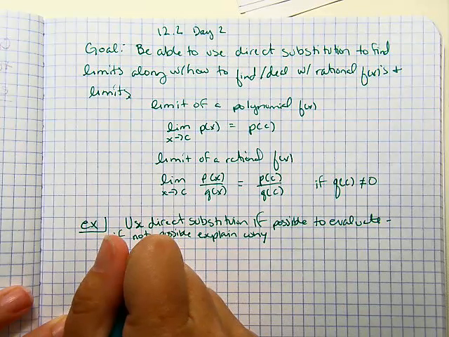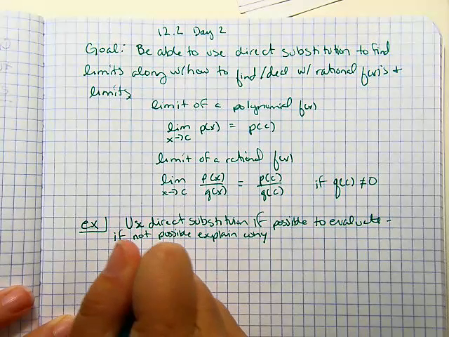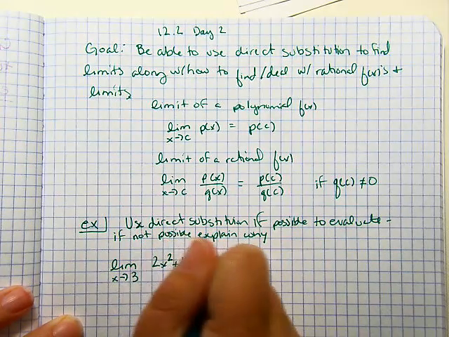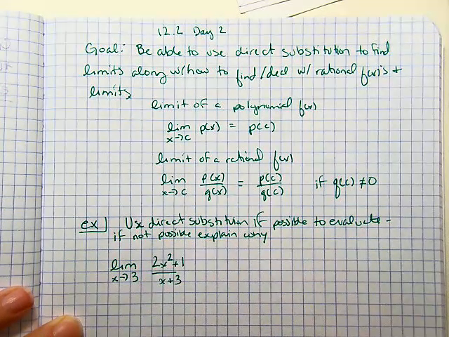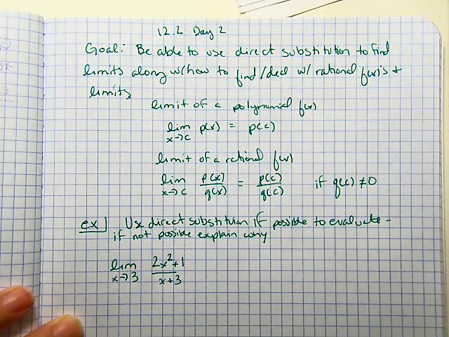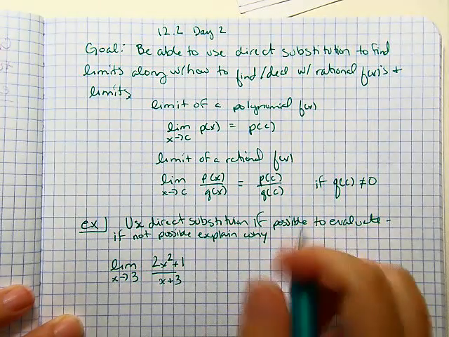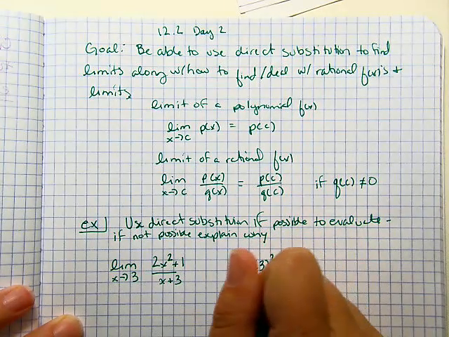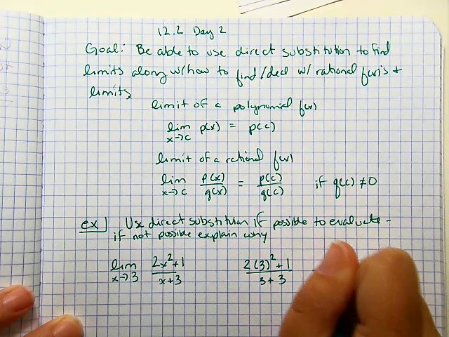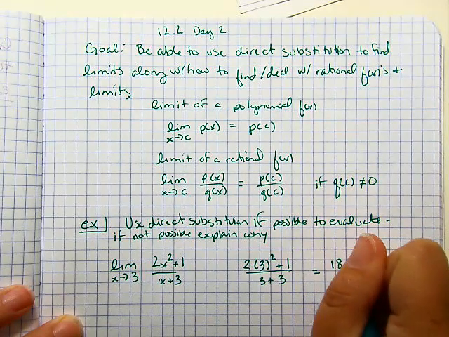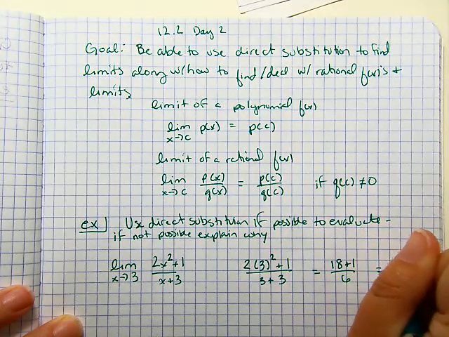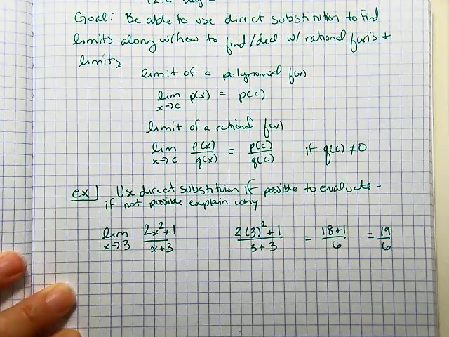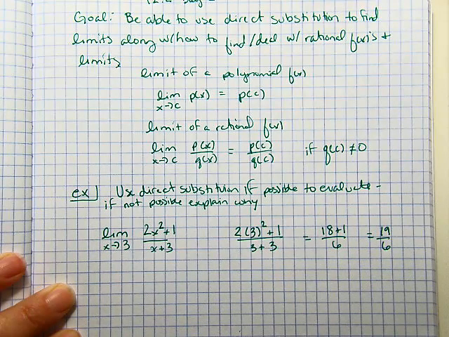If I look at the limit as x approaches 3 of 2x squared plus 1 over x plus 3, for direct substitution I don't have to break this up. I can just rewrite this as 2 times 3 squared plus 1 over 3 plus 3. 18 plus 1 over 6, so it is 19 over 6. So much simpler than using the properties, but if you see the properties, make sure you show the work.